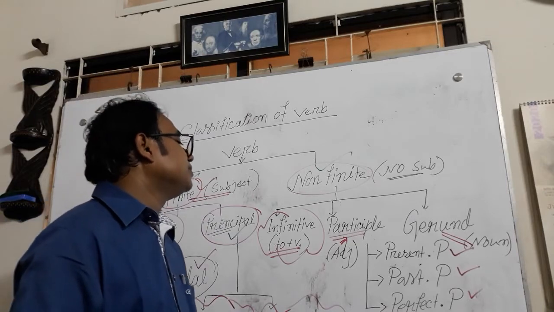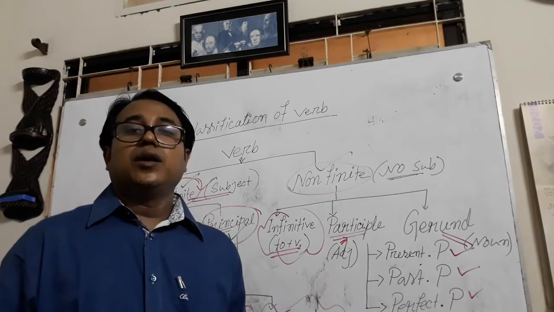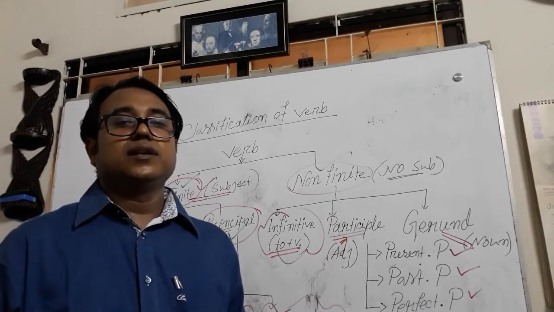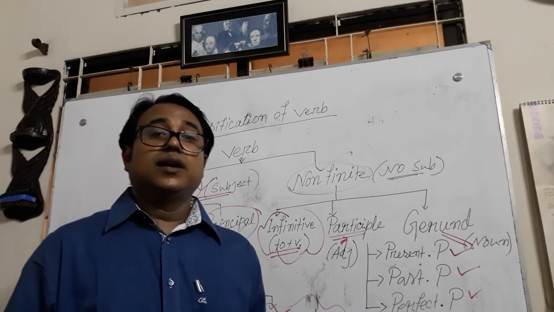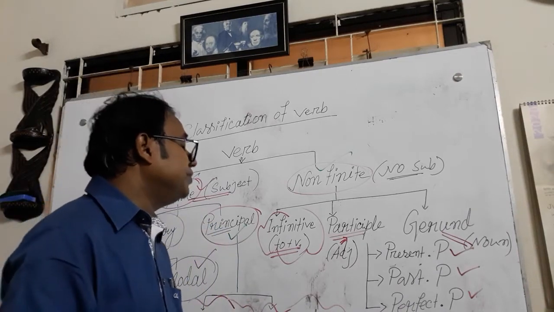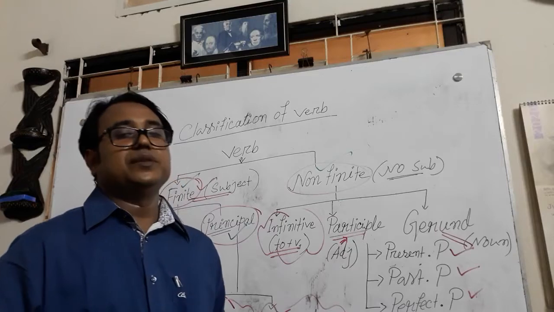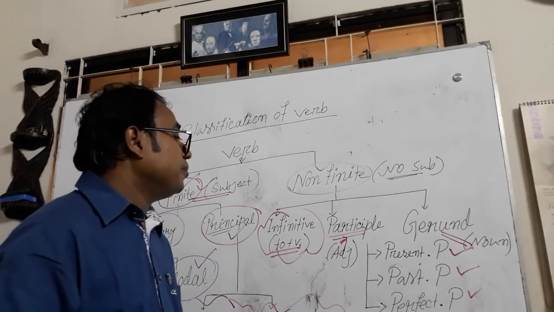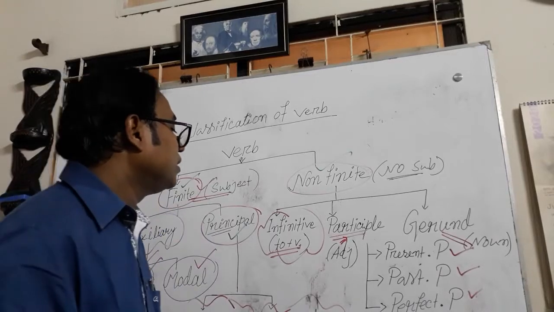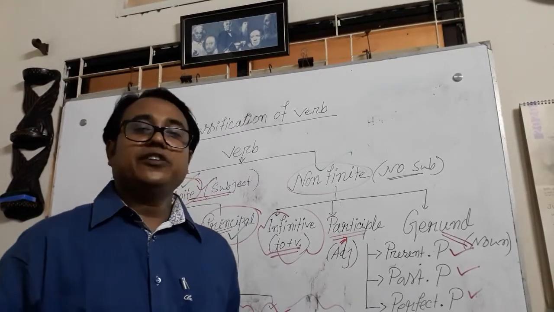Then participle. Participle actually acts like an adjective, and participle is divided into three types: present participle, past participle and perfect participle.